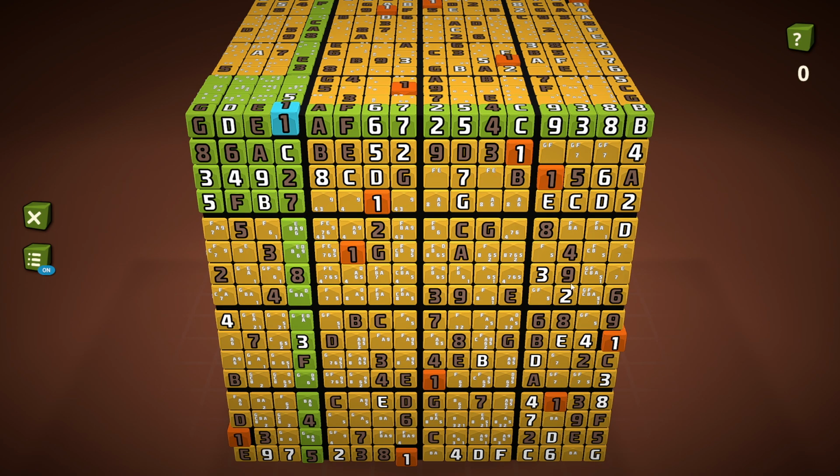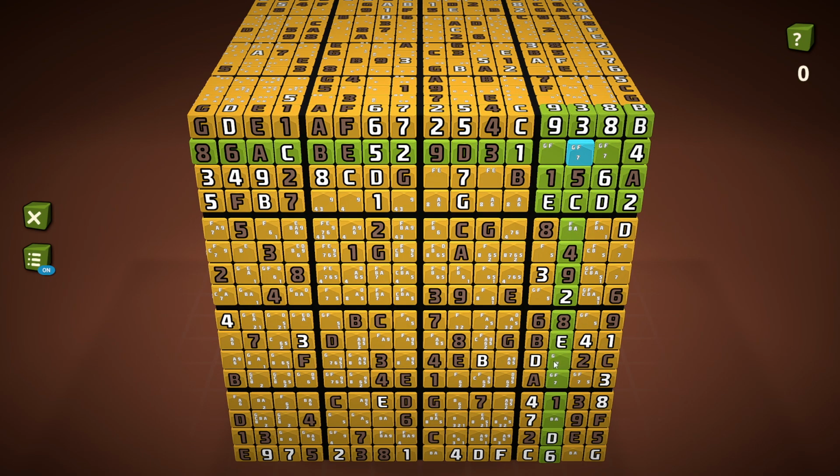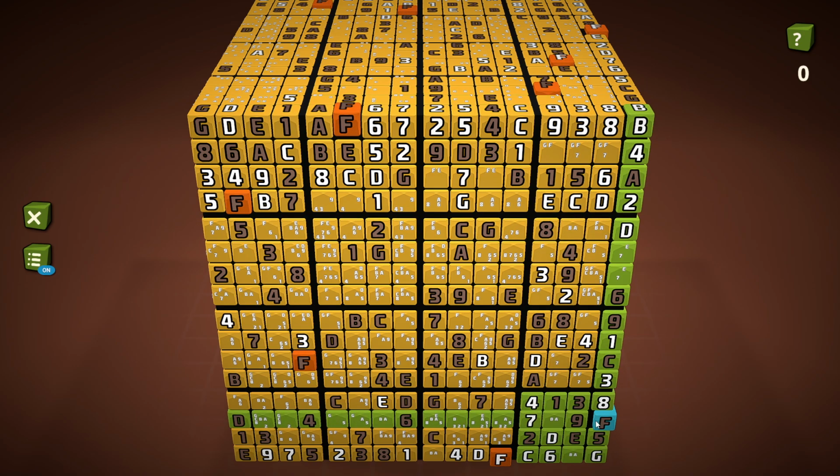Alright, alright. Wait a second. This can't be an A or B, right? Because that has that and that has that. So this one has to be either A or B and thus cannot be an F. That doesn't help things as much as I wish it did.